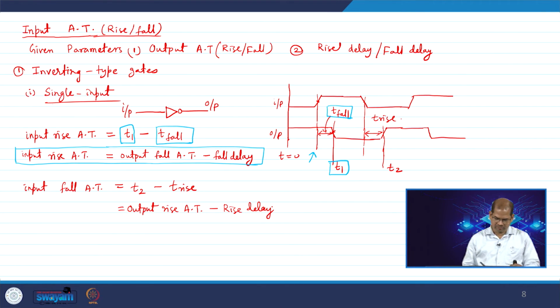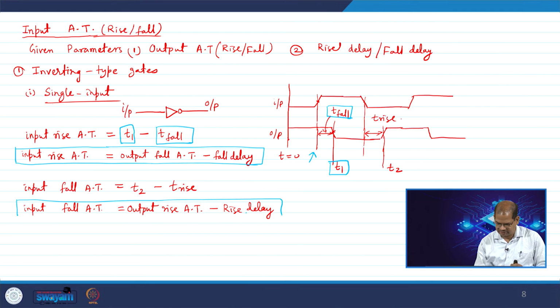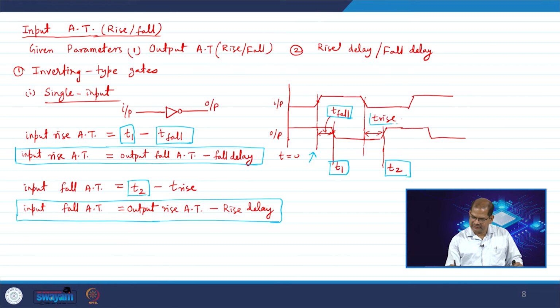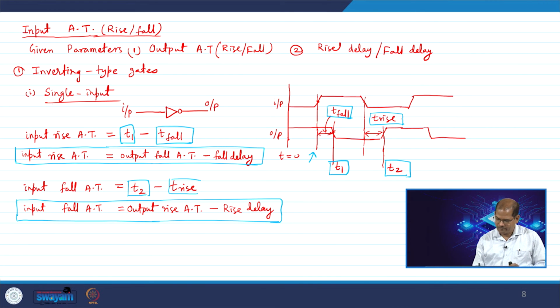Now this is your second equation, input fall arrival time. I will put these two equations in a box because this is useful for critical path finding. And here you can see this T2 corresponds to this T2, and this T rise corresponds to this T rise. So, this is for the inverting type of gates.